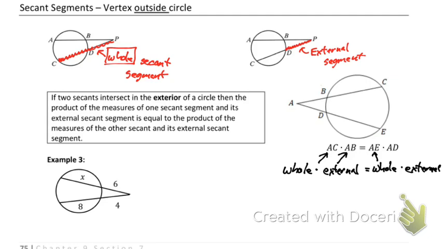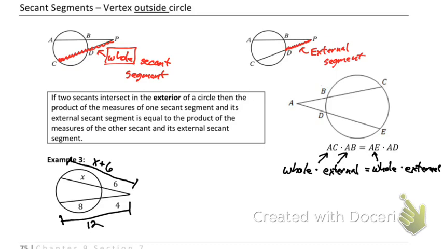So if we go down here, example 3, the mistake I'll see on the test is people going 6 times x equals 4 times 8. That will not work. What I want you to picture is, as soon as you see it intersecting on the outside and looking for lengths, picture in your head what the whole length is. So that whole length is x plus 6. This whole length is going to be 12.